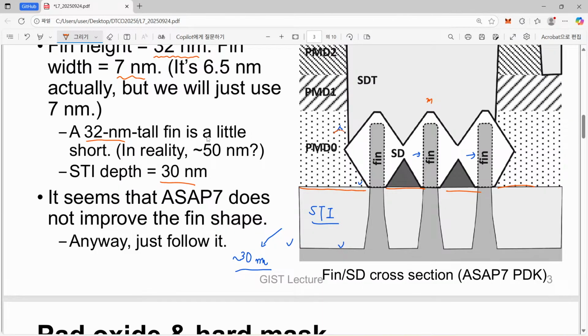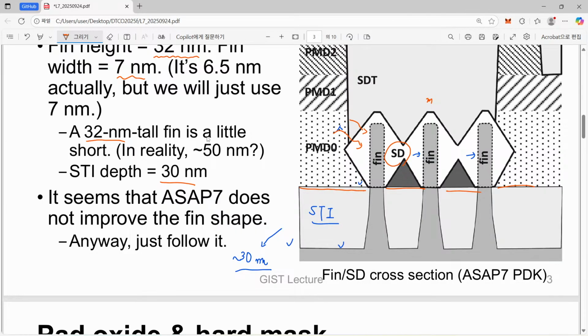Another consideration is the shape of this source and drain. Why do we have this kind of shape? So if we make a cut along the center of the channel, then we cannot see this source drain. But this source drain is seen when we make a cut along the source drain part. Maybe that is difficult to understand right now because we don't have a 3D measurement structure right now.